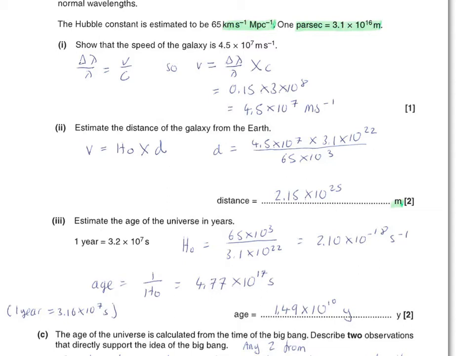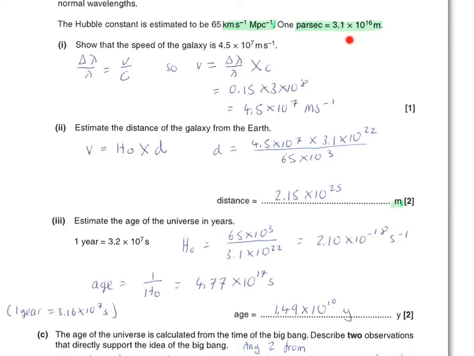So we have the 65, the value we were given, and kilometers per second on the top line is converted to meters per second by multiplying by 10 to the 3. Now, this constant is kilometers per second per megaparsec, so you can think of the megaparsecs as being on the bottom line of this equation. You then have to convert the per megaparsecs to per meter.